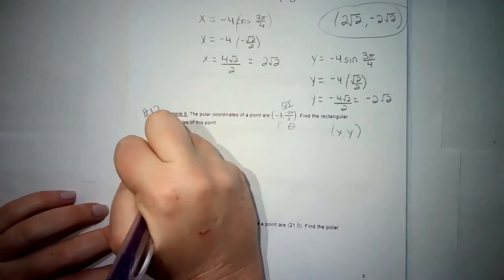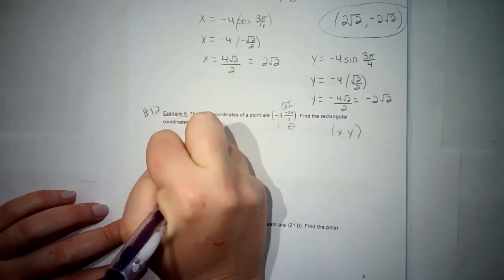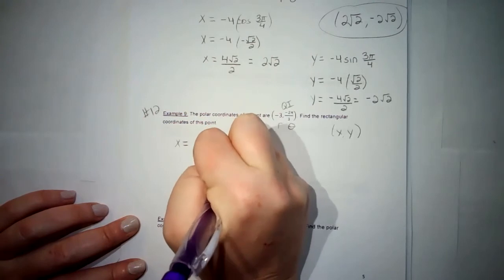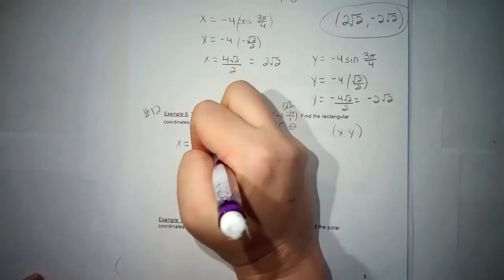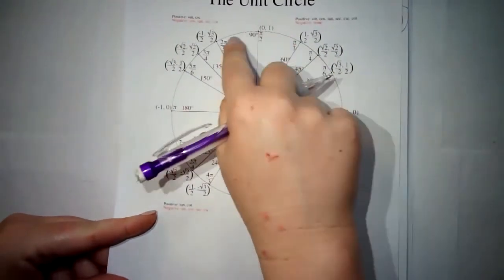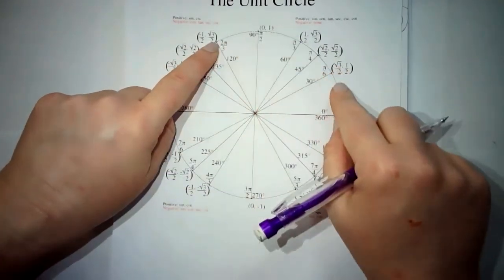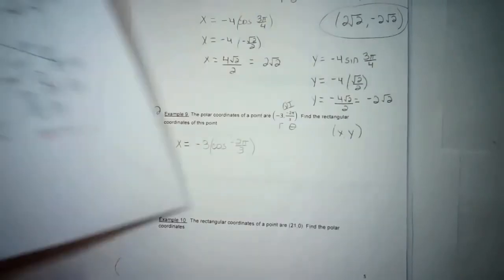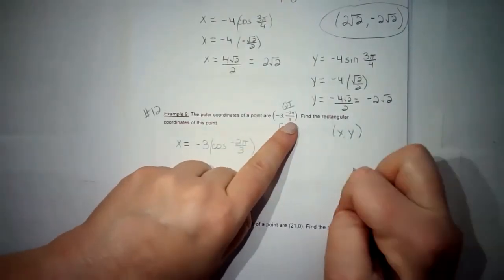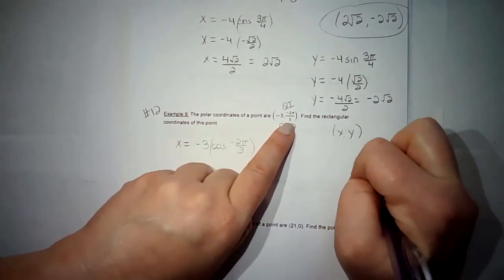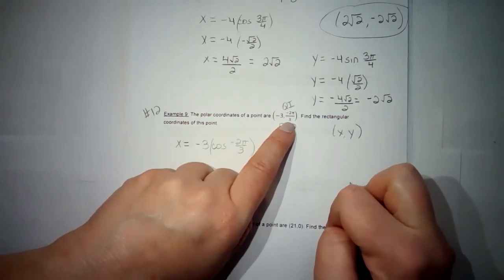Okay, here we go. I'm going to do an x. I'm going to have r cosine theta. Okay. All right. So again, positive 2 pi over 3 was here, but I want negative 2 pi over 3. That's going to put me right here. If you don't like that negative 2 pi over 3, remember, you can take 2 pi and just add that to it.